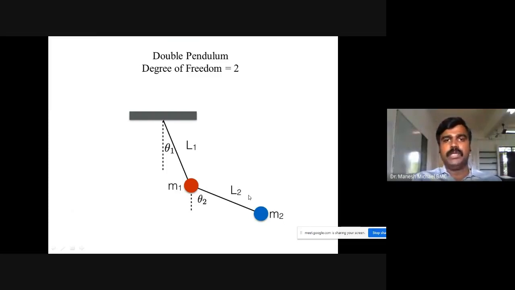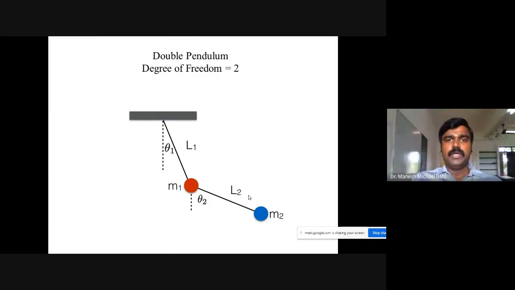So to define the oscillation of a double pendulum, you need two independent coordinates. So the degree of freedom of a double pendulum is 2. Which are those coordinates? Theta 1 and theta 2 are the generalized coordinates for this system.